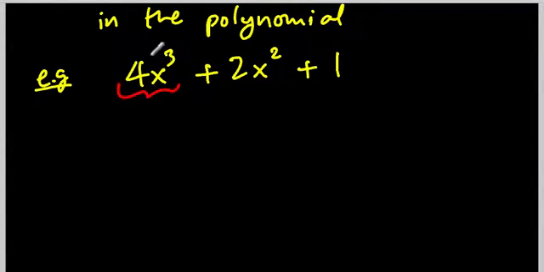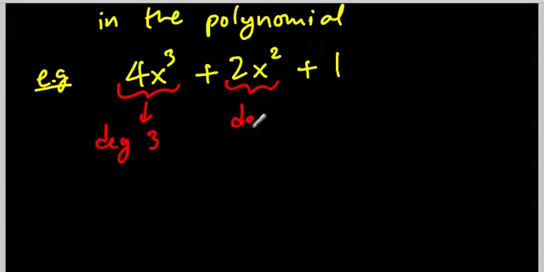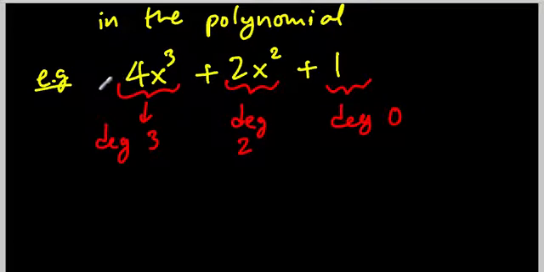Over here, clearly we can see that this has a degree of 3. So I'm just going to write DEG 3. Here, this is a degree of 2. And remember that for constants, we have a degree of 0. So amongst these three expressions that make up the polynomial, which one has the highest degree?